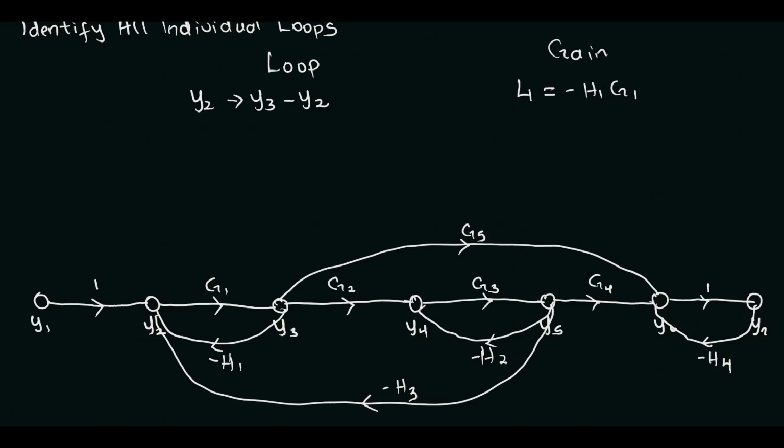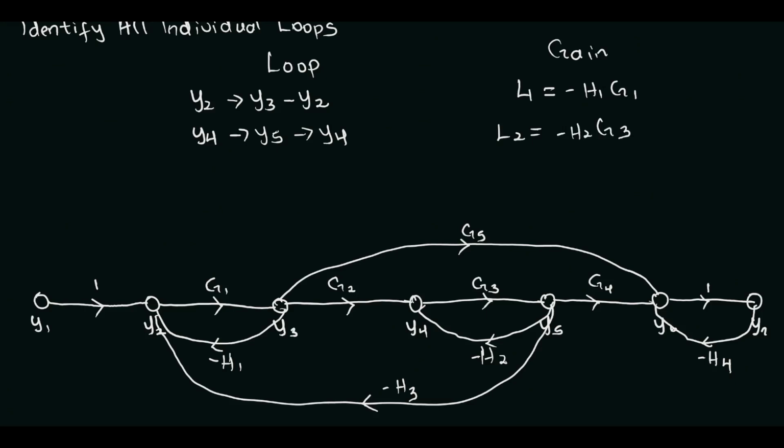Our next loop is y4, y5, y4, and our gain equals this part and this part, that's minus h2 g3.